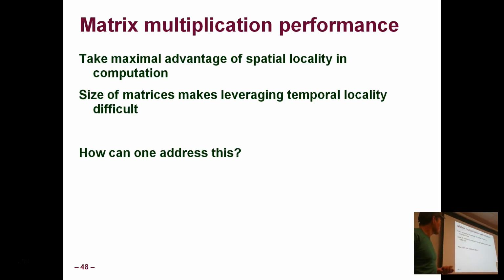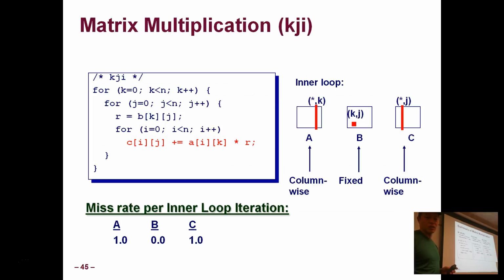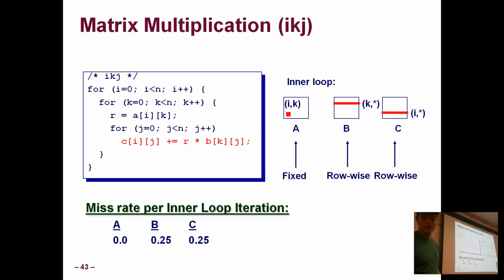Okay, so the matrix multiplication takes advantage of the spatial locality. But the size of the matrix really makes leveraging temporal locality difficult. If you look at this, eventually this row will get cached out, right?